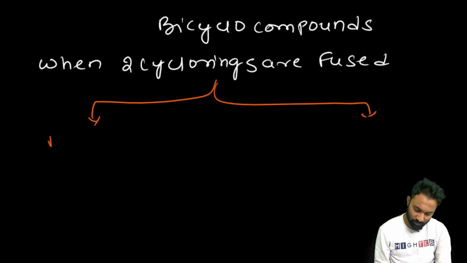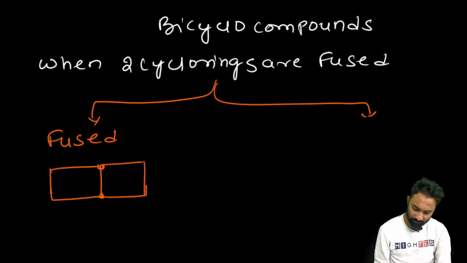One is fused. What is the meaning of a fused bicyclo compound? If you take one cyclic ring and another cyclic ring is fused in this manner, this is a fused bicyclo compound. The next one is a bridged one.